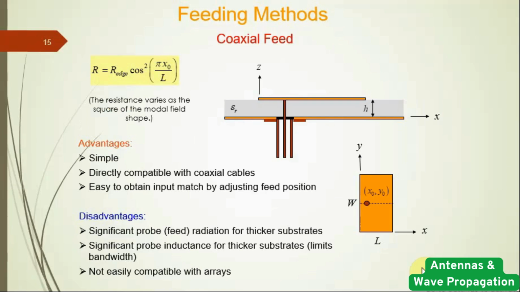Simply, the match of impedance gives you a correct transmission. This is very simple in construction, and it is directly compatible with coaxial cables. But the disadvantages are radiation for thicker substrates and it is not easy for arrays of microstrip antennas.